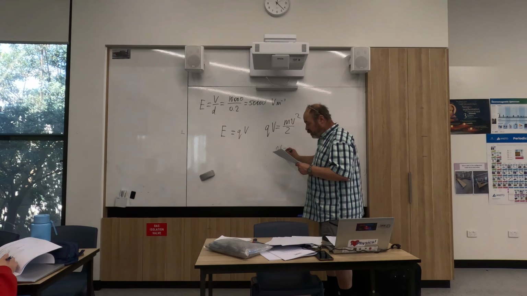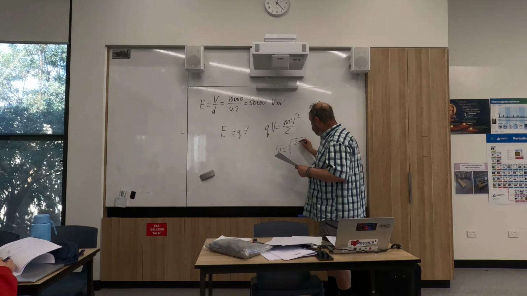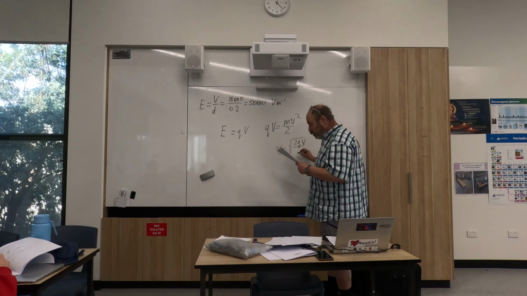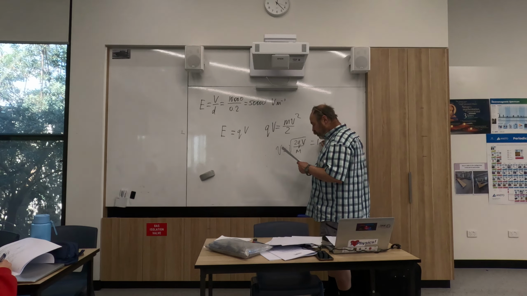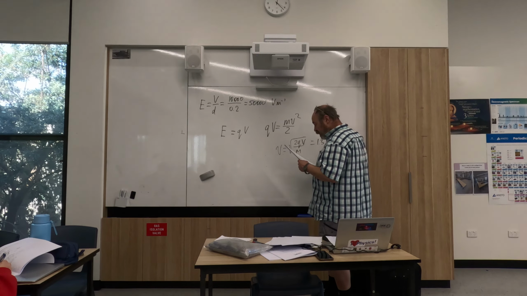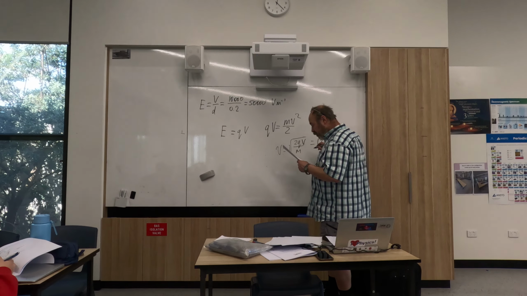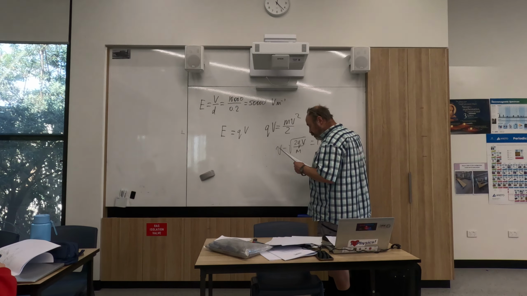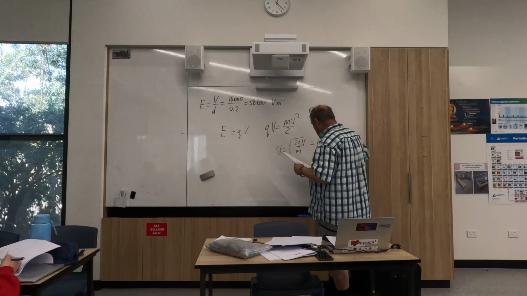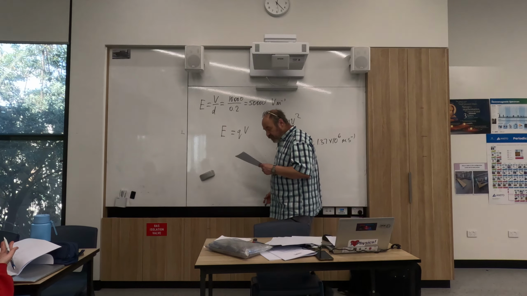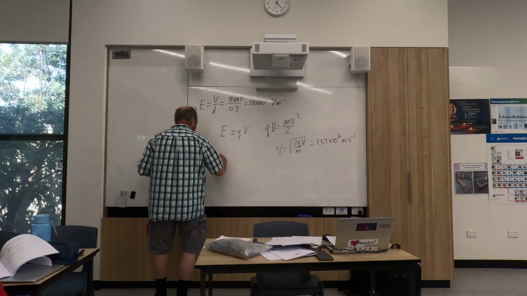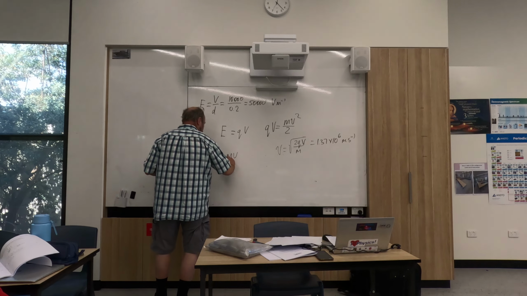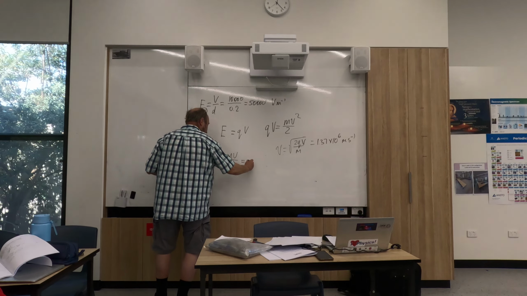So v equals the square root of 2qV divided by m, which gives you 1.37 times 10 to the power of 6 meters per second. And the radius is mv over qB, which gives you 0.53 meters.